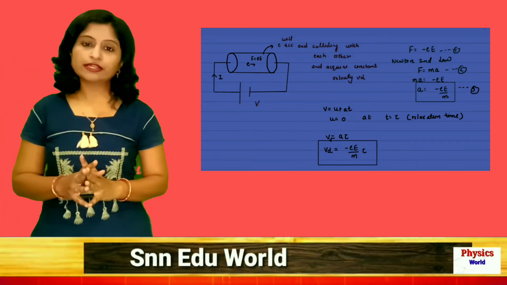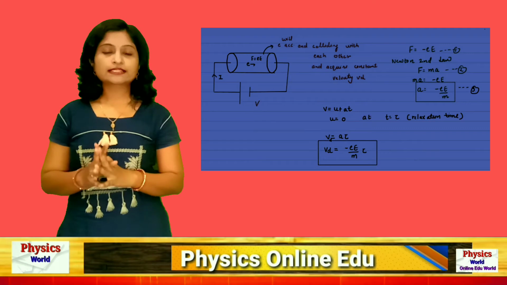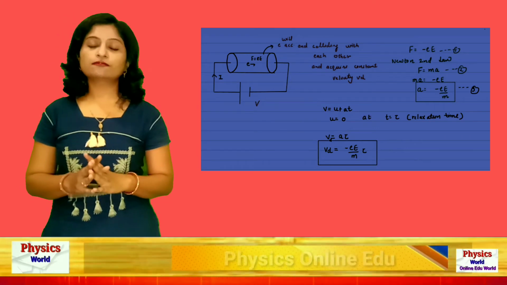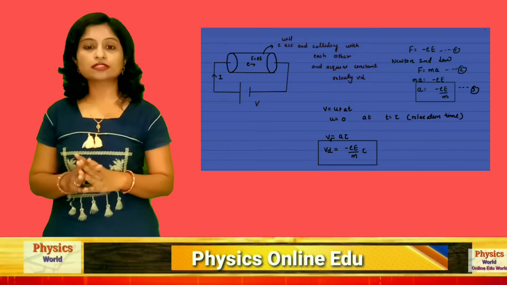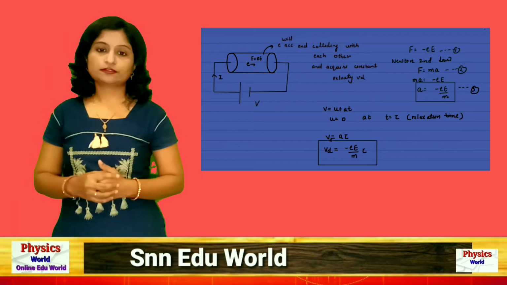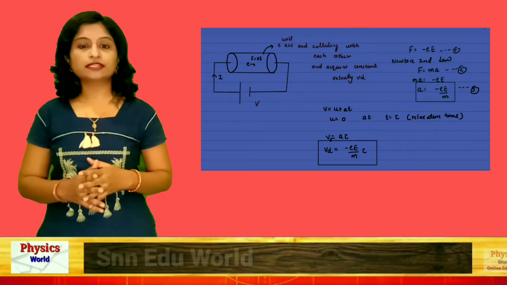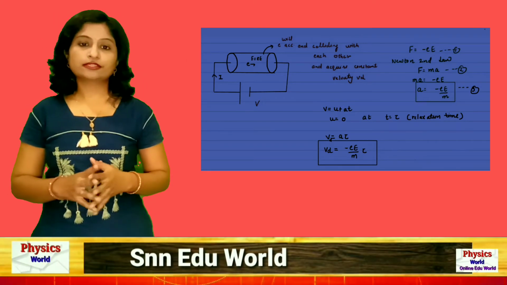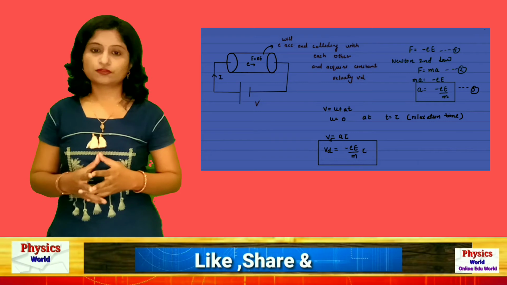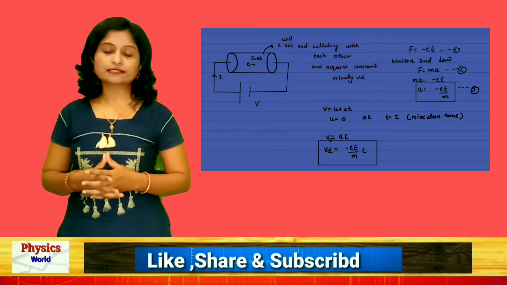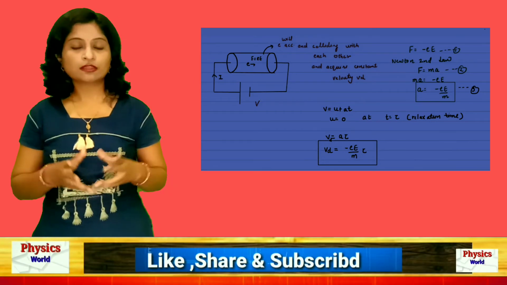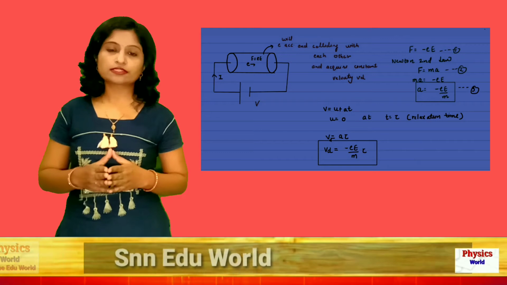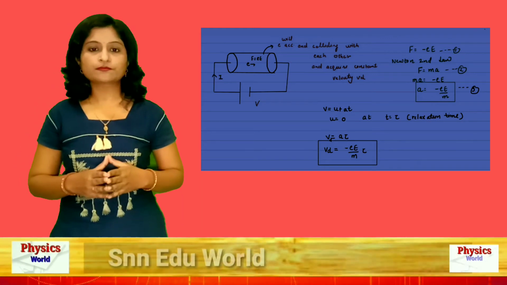So when electric field E, relaxation time and mass of the charge are given, then we can apply this drift velocity equation. Otherwise, the first equation is sufficient for problem solving. So these are two different expressions for the drift velocity. Hope you understand these equations and expressions for drift velocity.